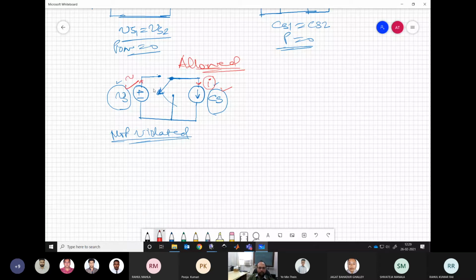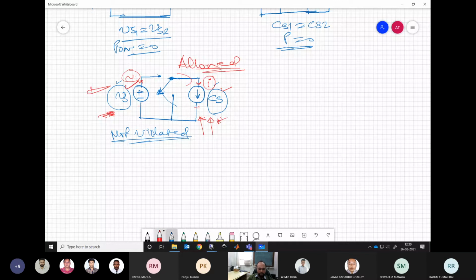So we have the current flow of I and the voltage of V, which does not disturb any of the principles of these two power sources, Vs and Cs. So this is perfectly allowed, and this is how we can have power flow between two power sources, or a power source and an active power sink.